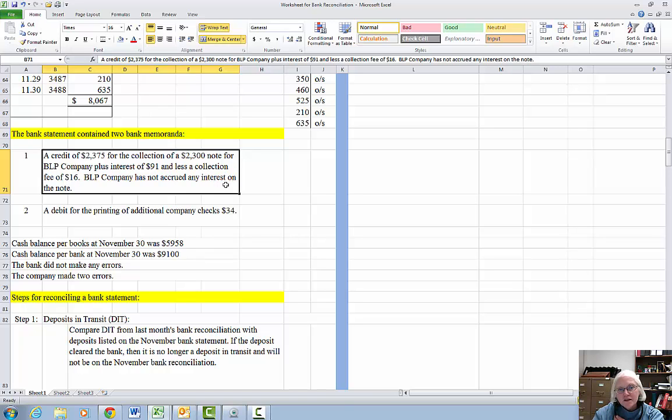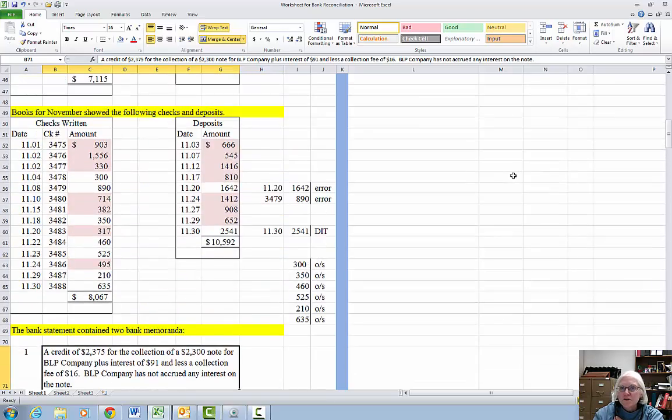And the company had not accrued any interest on the note at all. So that means we need to record the interest revenue, we're going to need to record the fee, and we're going to need to take the principal amount out of notes receivable.